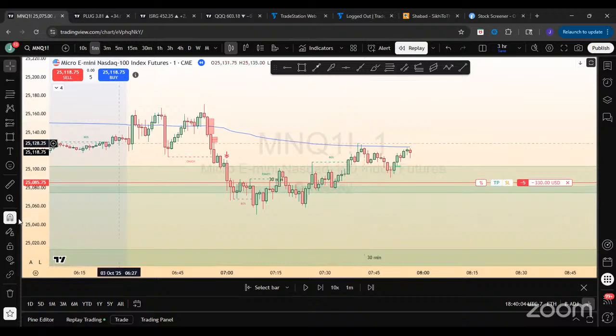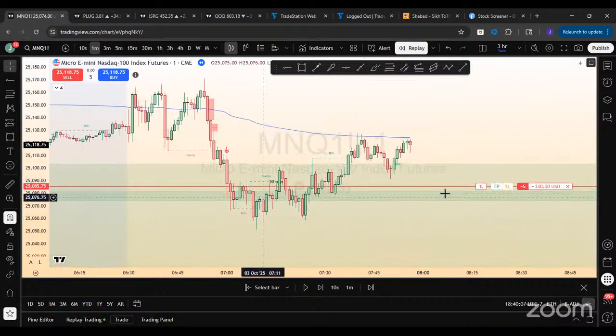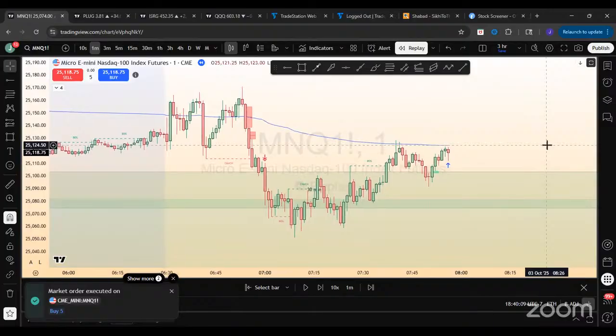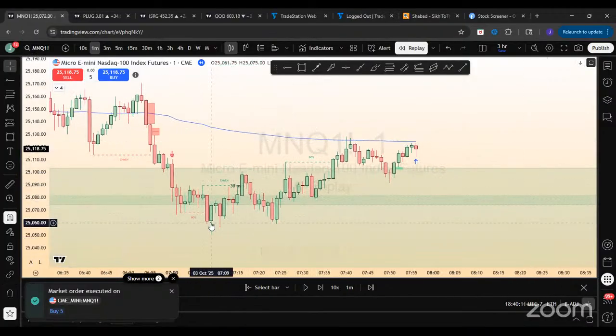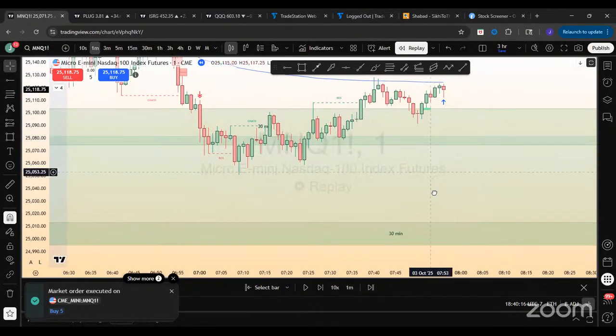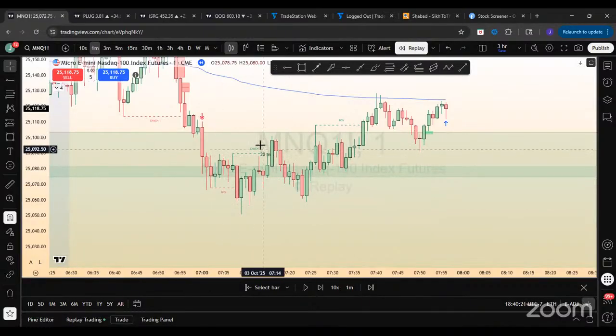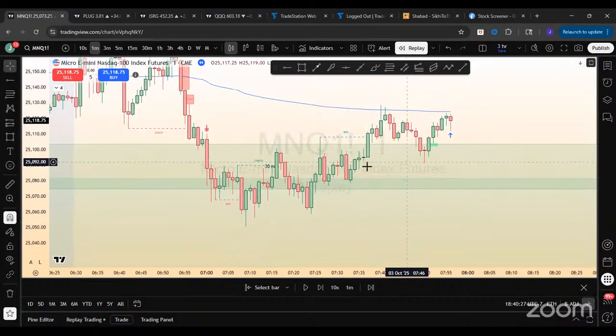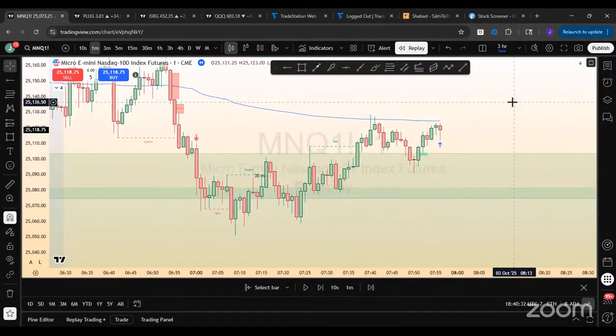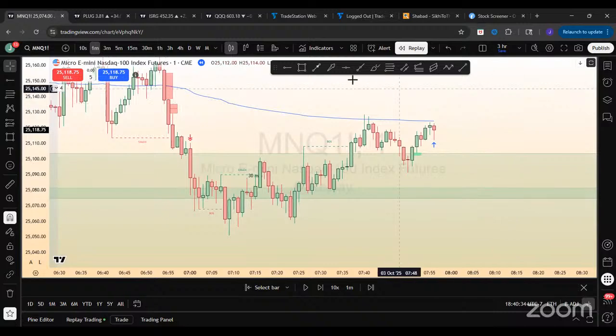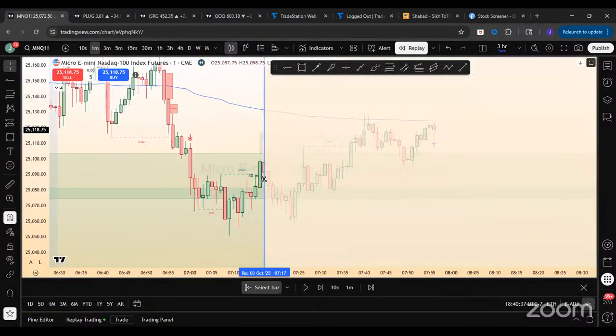This is what happened exactly here too. If I hadn't taken this trade, I would have been looking at this. It comes down. This was a 30 minute zone, and in 1 minute, right about here, I got the bullish change of character. This is where I would have taken long, and I would have captured all this move here. I would have gone right about when this came.